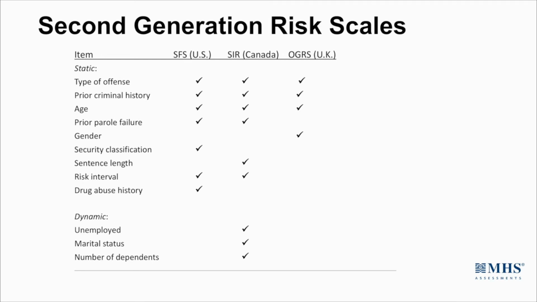Now, the point here is that these second generation risk scales do predict criminal behavior, and they predict it quite well. However, if you're a practitioner, a parole officer, a probation officer, the only information it really gives you is, oh, he or she is high risk or medium or low risk, but doesn't give you any information on how do I reduce the risk of this individual.